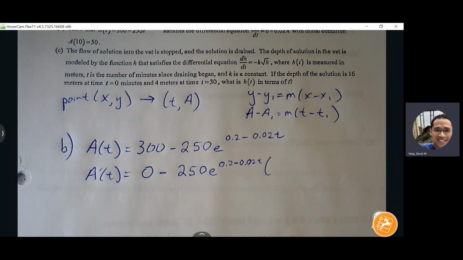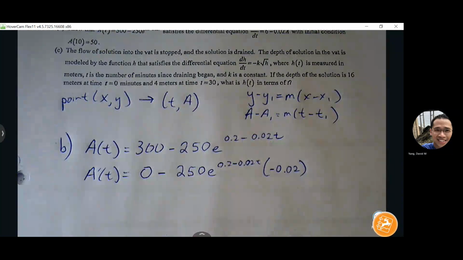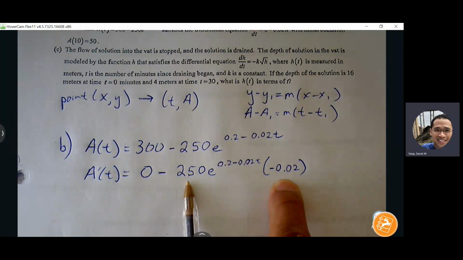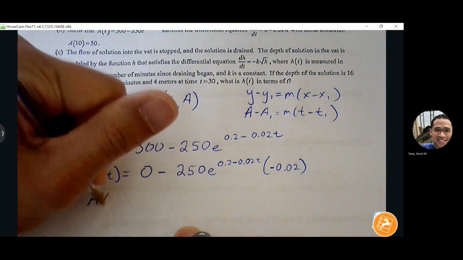Negative 0.02. Let me clean this up here. 250 times negative 0.02 gives us 5.